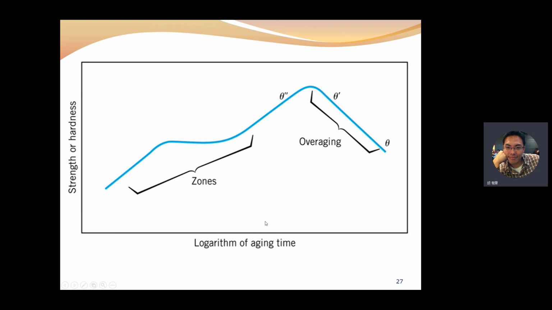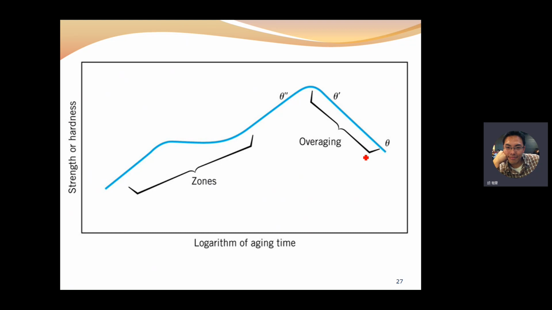The relation between strength, hardness and aging time, as I already mentioned in the previous slide, shows that there is an optimum aging time with the highest hardness or mechanical strength. When the aging time is longer, the alloy's hardness or strength is reduced, which means it's overaged.